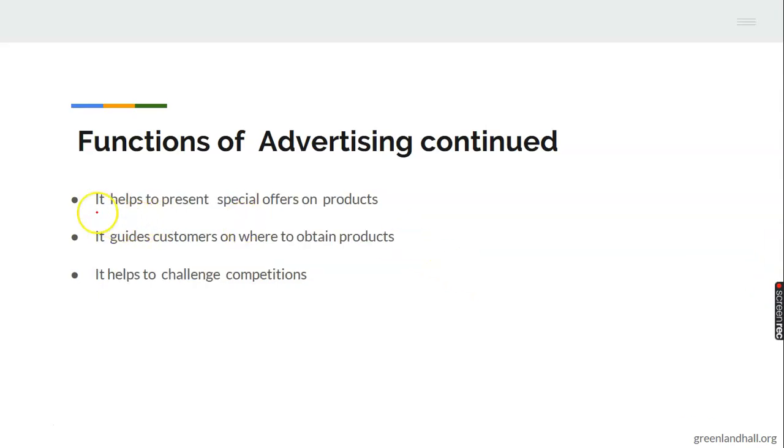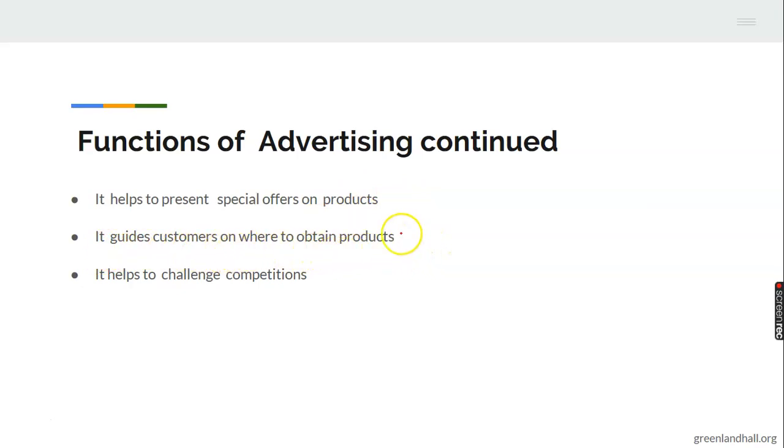Furthermore, it helps to present special offers on products, especially maybe a situation where the manufacturers expect customers to buy one and then be able to take 2. So that is a form of special offer, and they are made available to prospective customers by advertising. It also guides customers on where to obtain products.